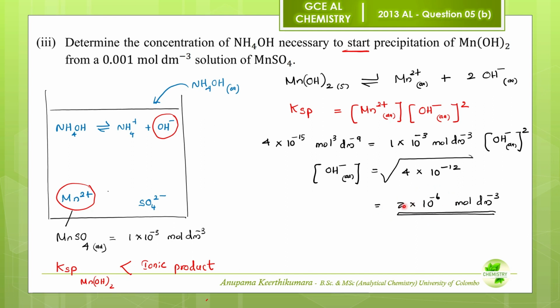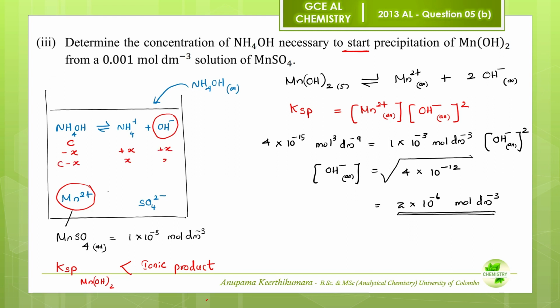But the question asks the required concentration of ammonium hydroxide to start precipitation of manganese hydroxide. We assume the concentration of ammonium hydroxide is C moles per cubic decimeter. Then the dissociation is minus x, plus x and plus x. So at equilibrium, C minus x, x and x.